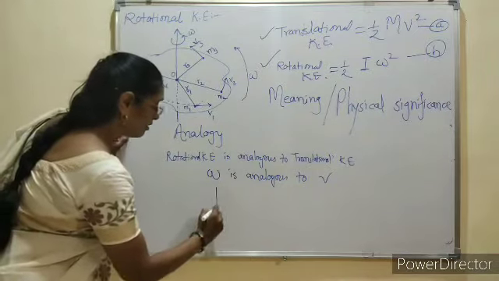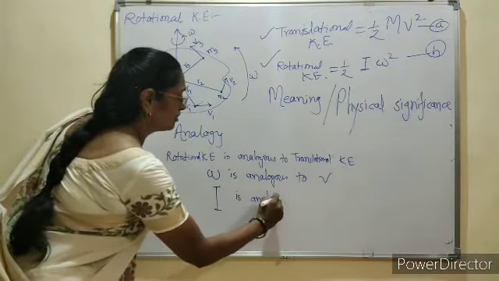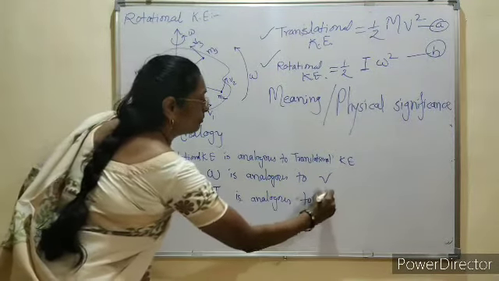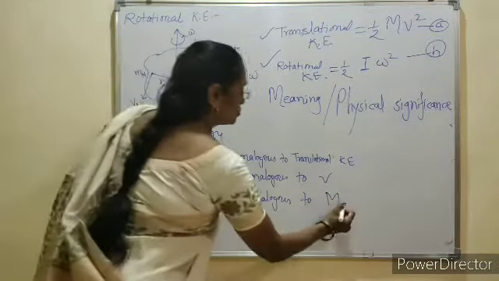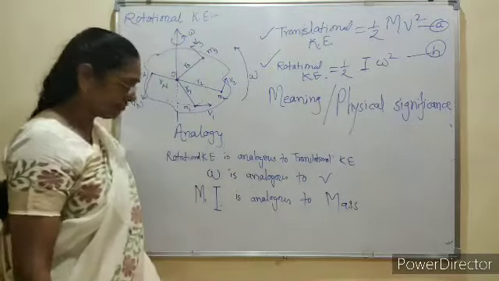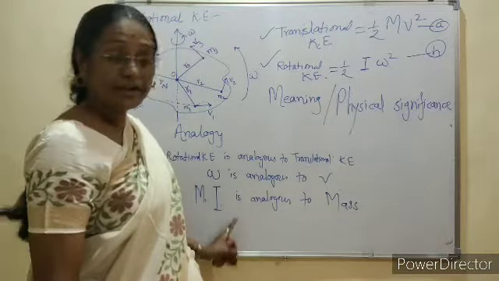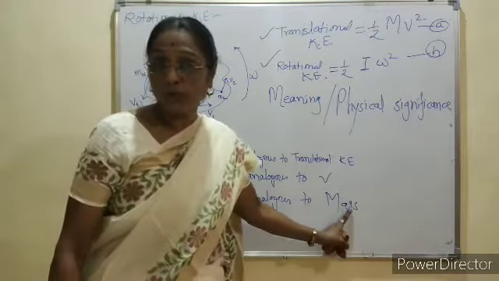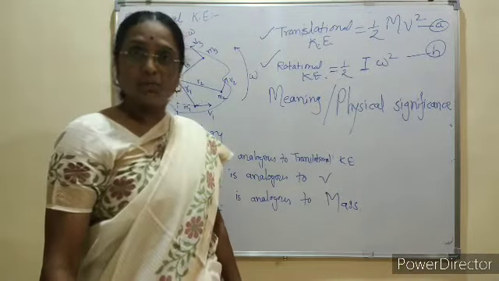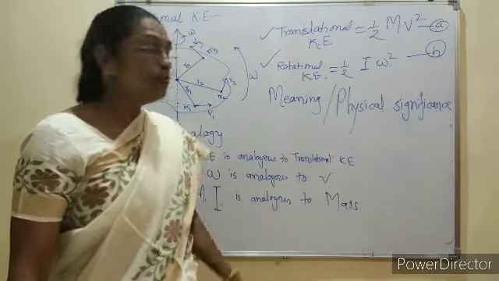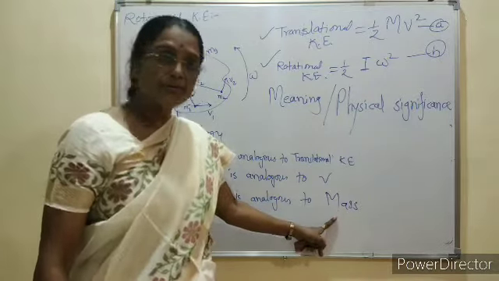Similarly, I is analogous to m. Means moment of inertia is analogous to mass. Moment of inertia is a quantity in rotational dynamics, analogous to the mass that we have considered in linear or translational motion. Now what do we mean by mass? Mass is a physical quantity, a fundamental quantity.